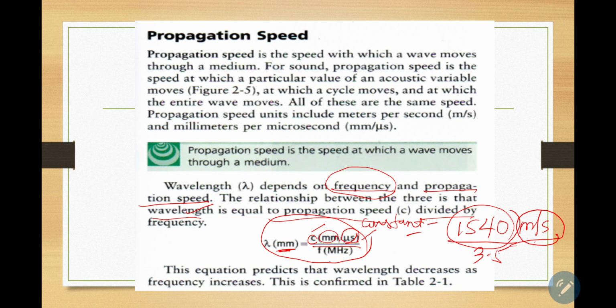So to determine the wavelength of a 3.5 megahertz transducer to the transmission of the sound waves, you have to divide the constant speed of 1540, okay, divided by 3.5 megahertz. And the resulting product here will be equivalent to the wavelength that it travels.